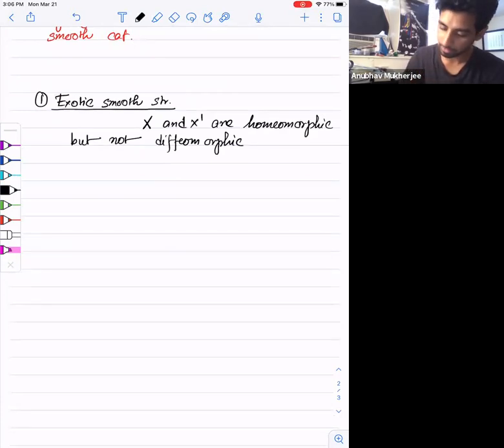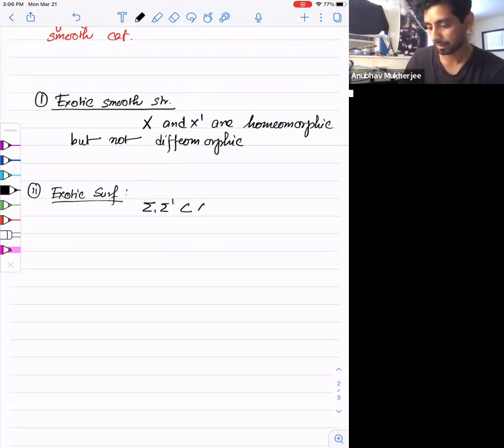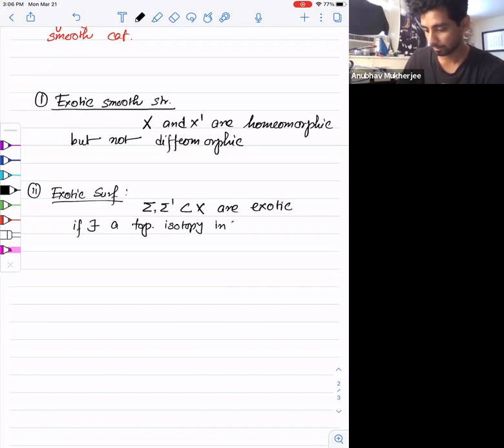The second thing is exotic surfaces. We call a pair of surfaces sigma and sigma prime inside X exotic if there exists a topological isotopy in X that carries sigma to sigma prime, but no such isotopy in a smooth way.